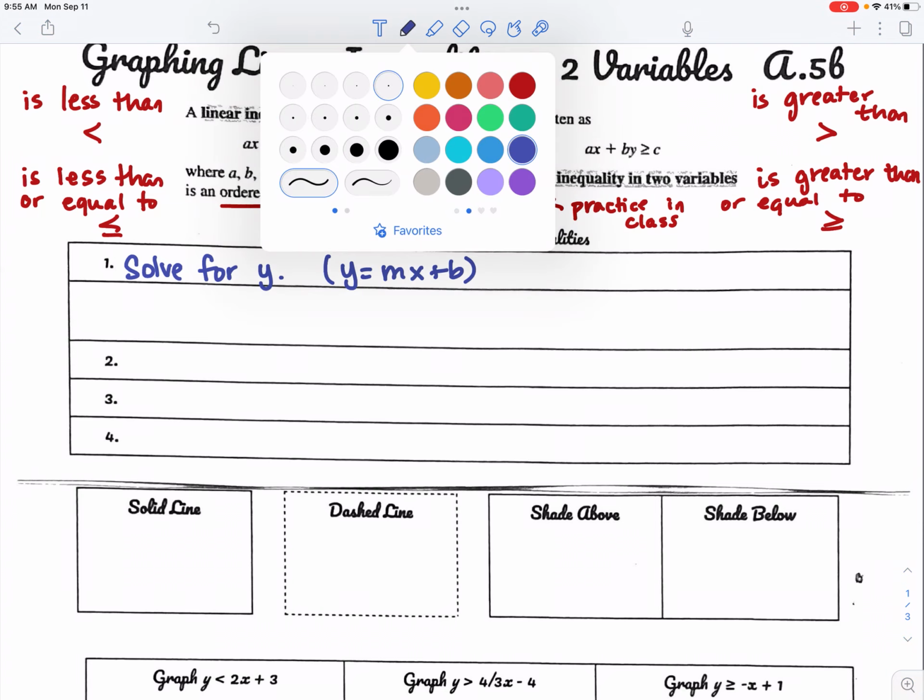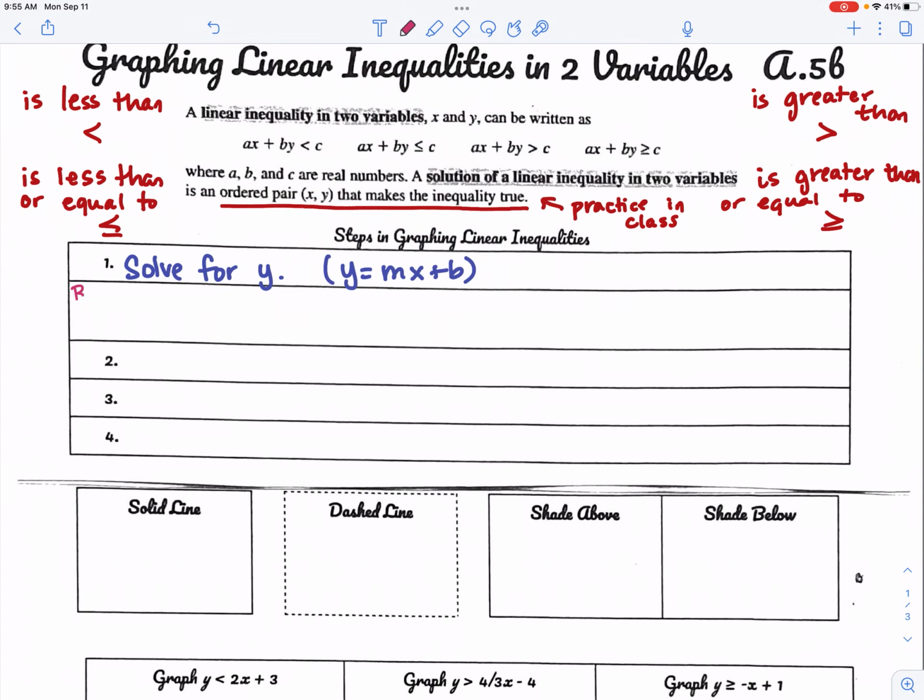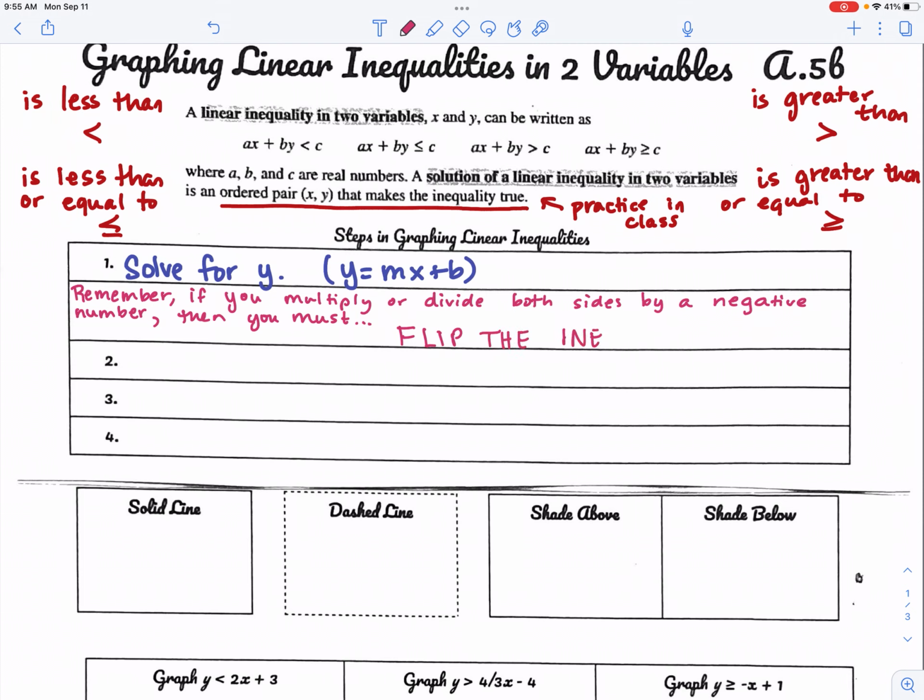Now, really important, something you want to remember: if you multiply or divide both sides by a negative number when you're solving for y, then you must flip the inequality sign.